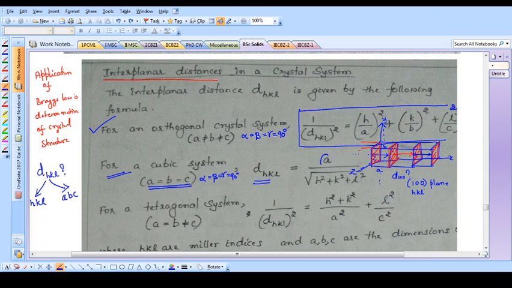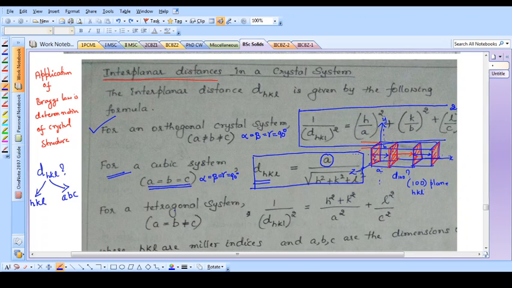See, here in the formula we have only a. We don't have b and c because a is equal to b is equal to c. So we have a very simple formula for a cubic system. And please remember this formula, because it will be used in our next discussion about cubic systems.